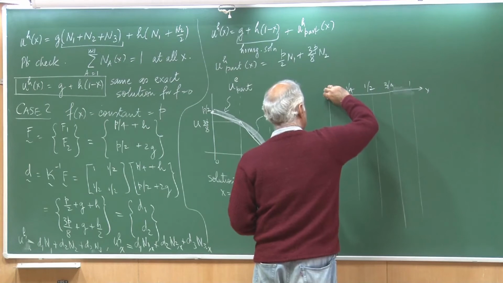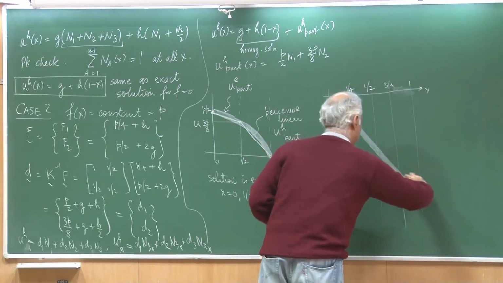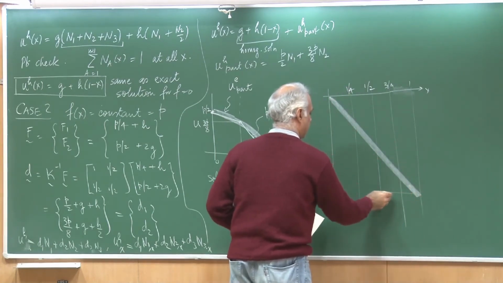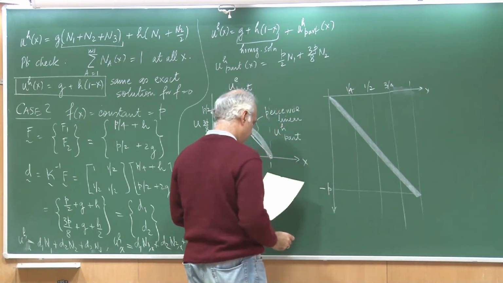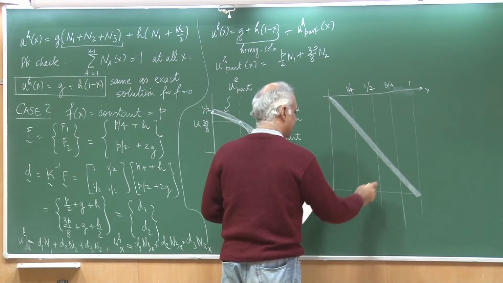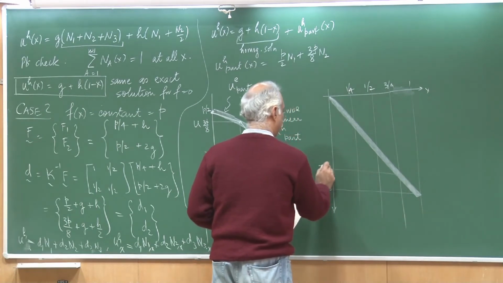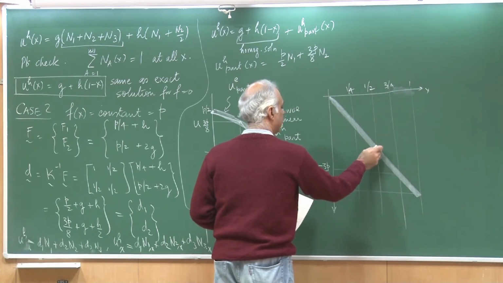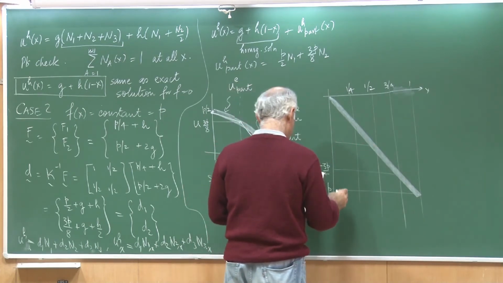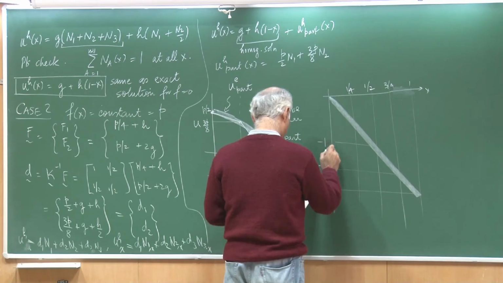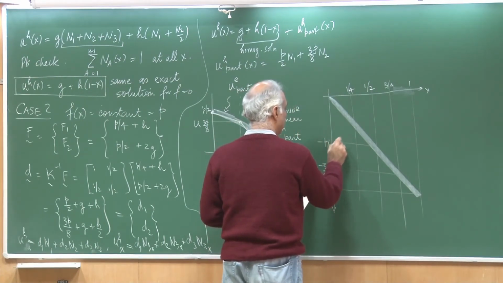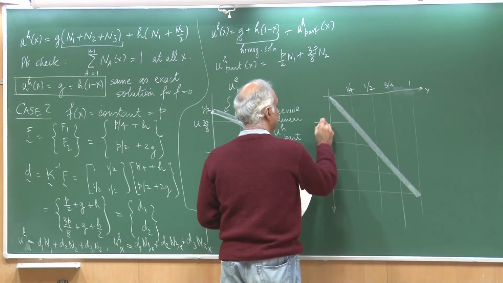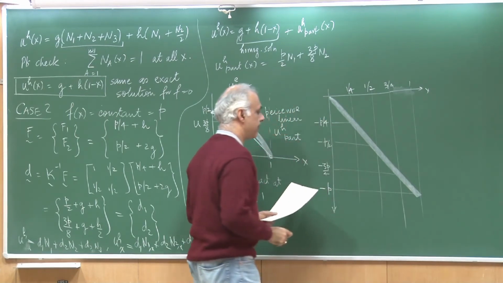So, this is a value of minus p, this is minus 3p by 4, this value is minus p by 2, and this value is minus p by 4.